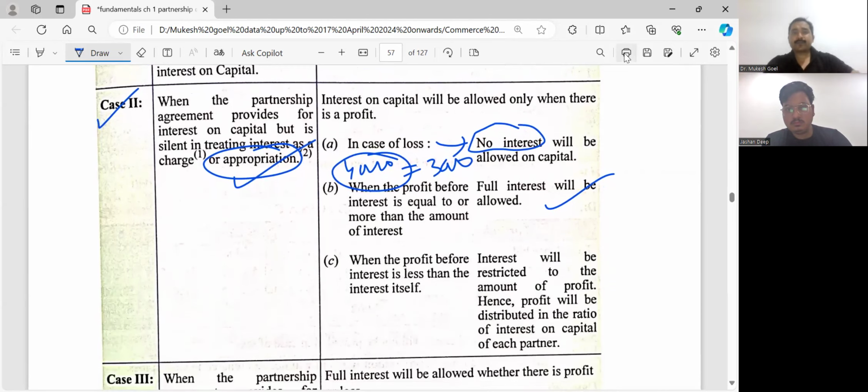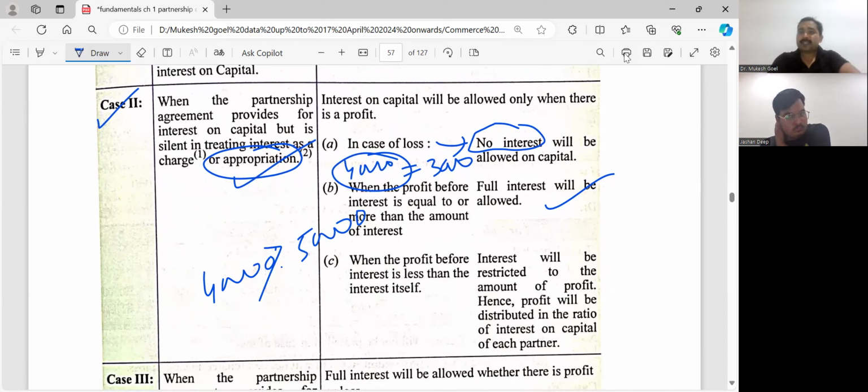In the case where profit is 40,000 and interest is 50,000, that is inadequate or insufficient profit, in that situation interest will be restricted to the amount of profit.